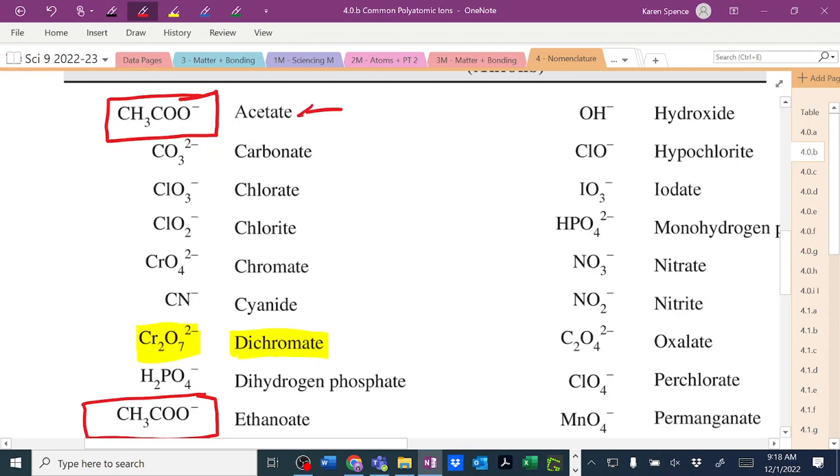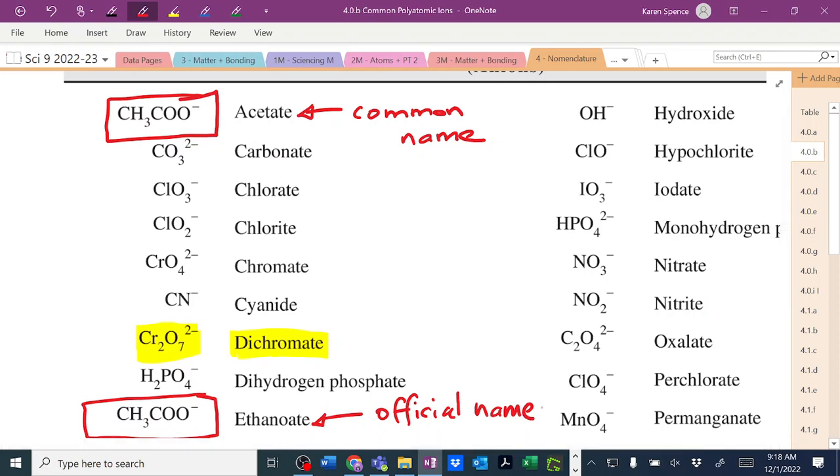This is the common name. And this one is the ethanoate. Acetate's the common name. Ethanoate is the official name. You can use whichever one you want. Doesn't matter, okay? Totally up to you.